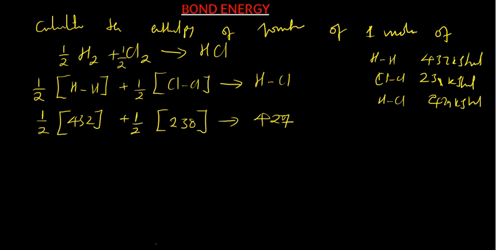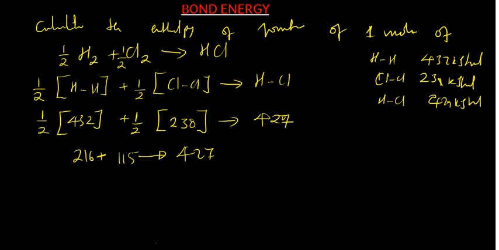429. Now if we work out the reactants, the value we are supposed to find there, let me just do the calculation. 432 divided by 2, that is going to give us 216, and then 239, also divided by 2, that is 119.5, and this is producing 429.